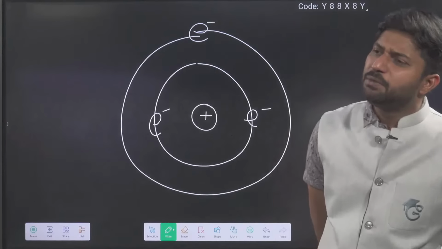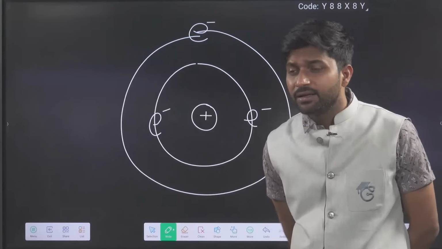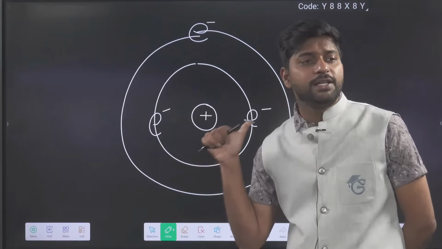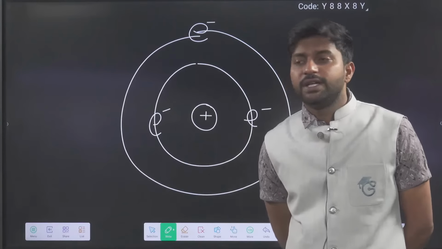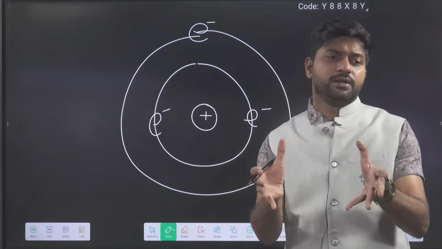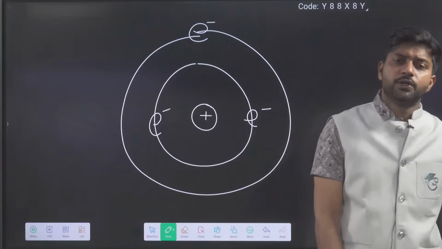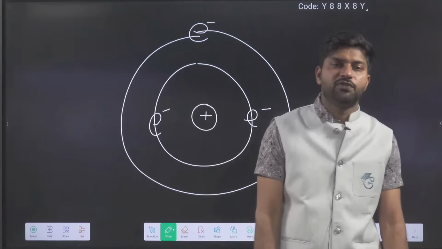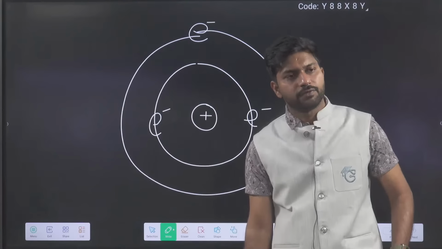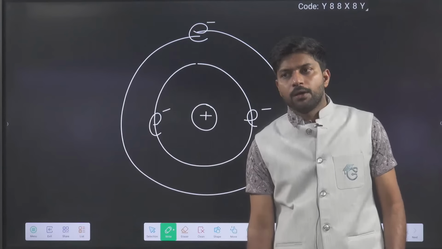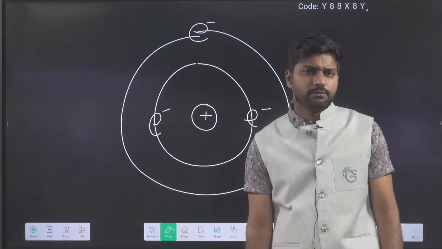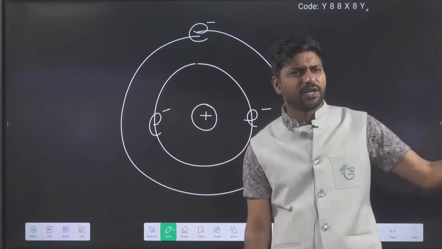But the problem was there. Rutherford was unable to explain its stability. When he proposed his atomic model, there was a very famous scientist at that time, Maxwell. Maxwell asked one question, because Maxwell had proved something at that time.